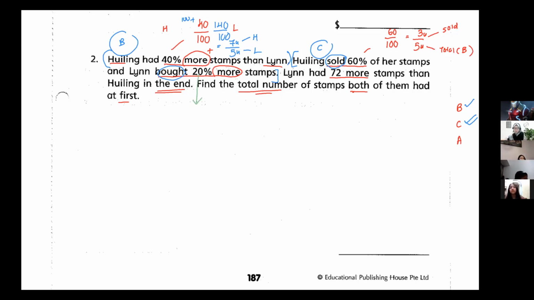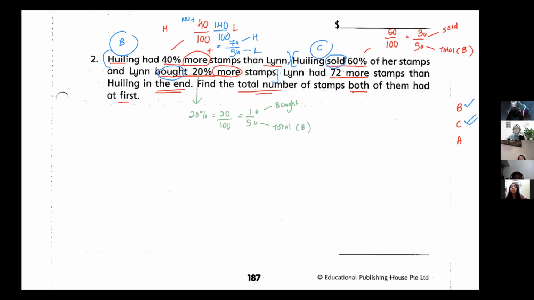We write it down: 20 over 100, and then I simplify and get 1 over 5. This is units as well. You must know that this is what she bought, and this is what she had in total at first. So this is the before.